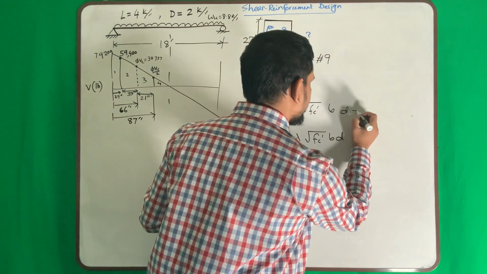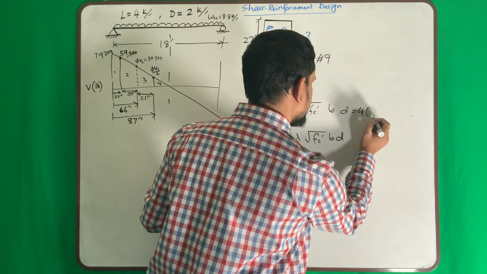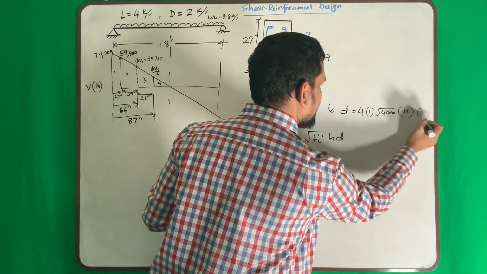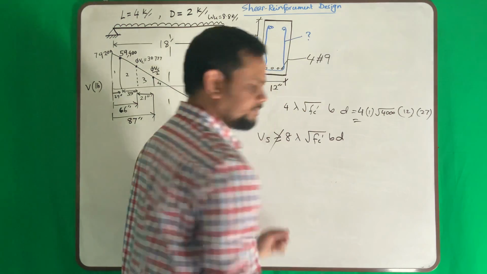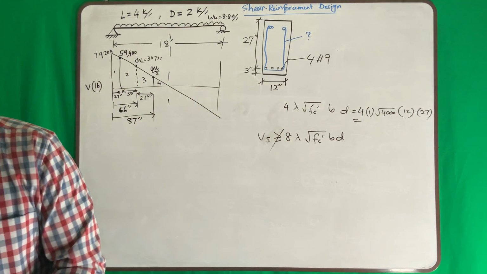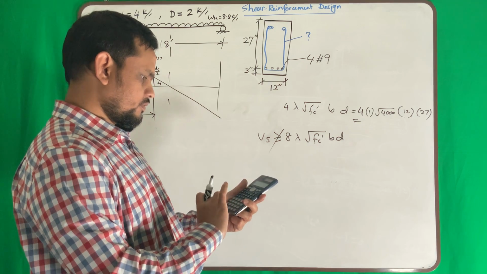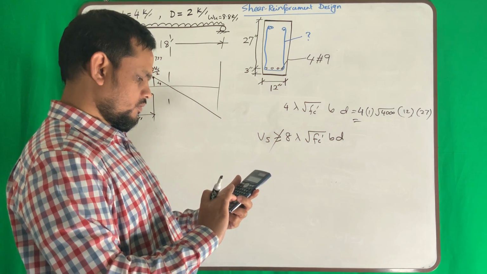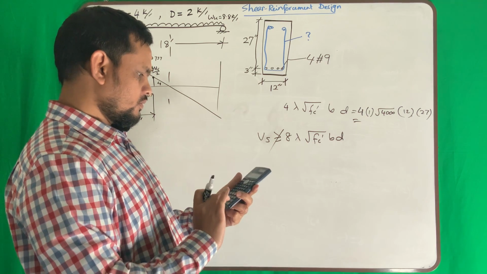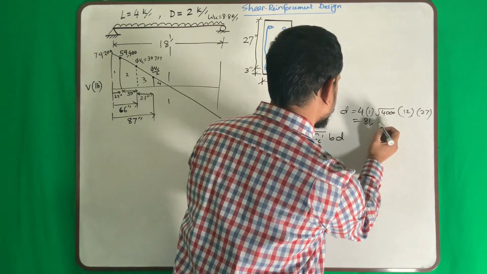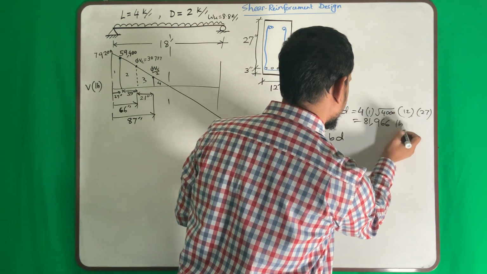Okay, what is this value? This value will be 4,027. So I got a value which is 81,966 pound.